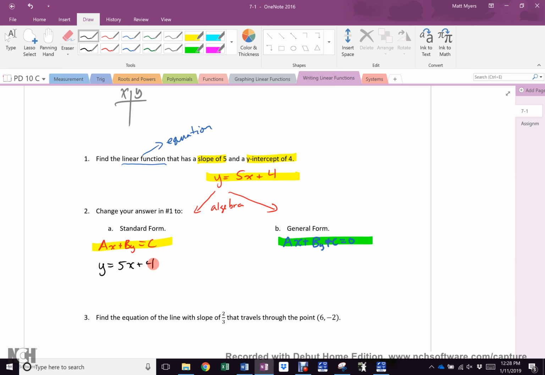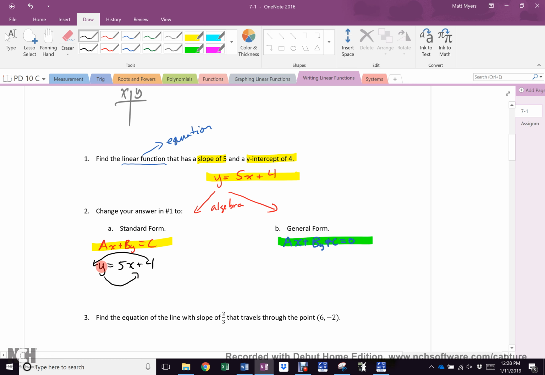No. Why not? Yes. I asked you why you would move the 4 and the y. I didn't say it was wrong. I asked you why you would do it. Because I need to have the x and the y together and the constant by itself. So this y needs to move and this 4 needs to move.